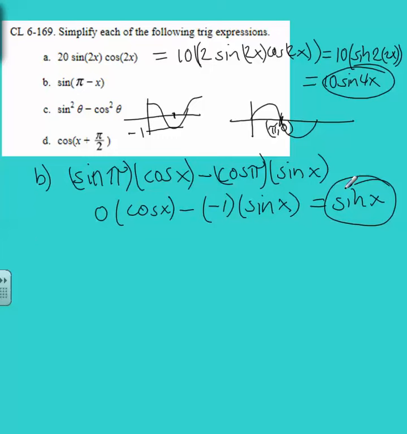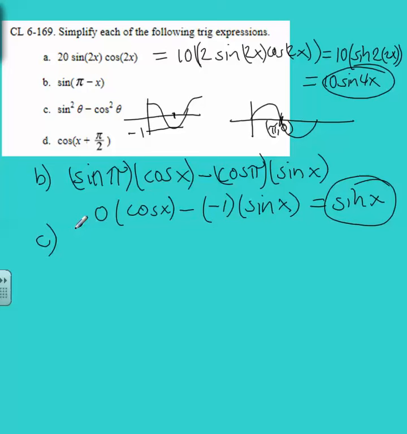Moving on to part C. I've got sine squared minus cosine squared. So what does that look like to us? Unfortunately, this is not sine squared plus cosine squared, which would easily equal 1. It's a difference. So it's actually a double angle formula.